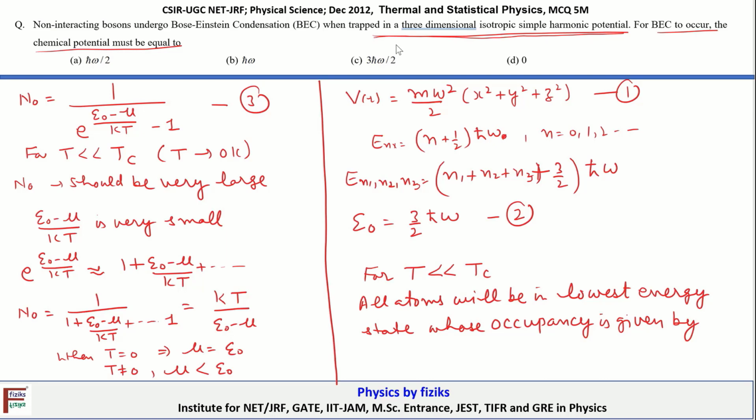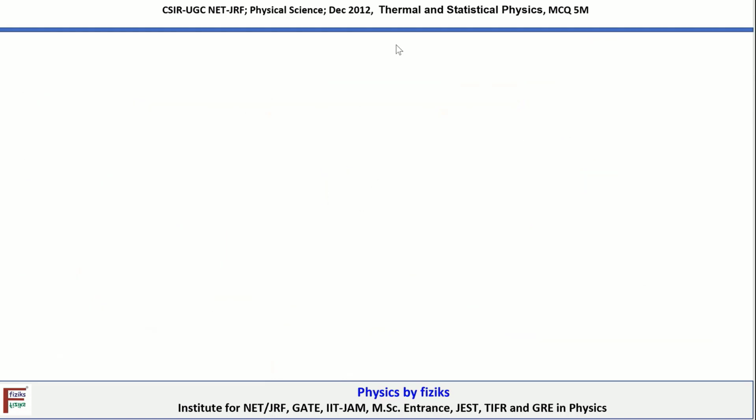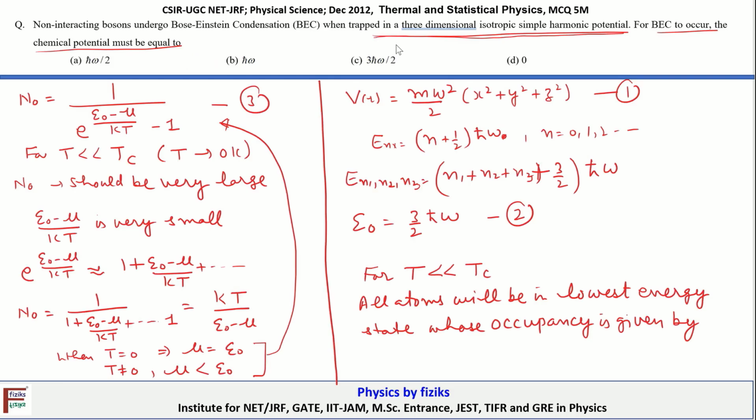This is basically the condition that needs to be satisfied so that we can have a non-zero or excessively large occupancy in the ground state. Therefore the necessary and sufficient condition for the Bose-Einstein condensation to take place is that mu is less than or equal to 3/2 h cut omega naught, which is nothing but the ground state energy E naught. So therefore C is the correct option here.